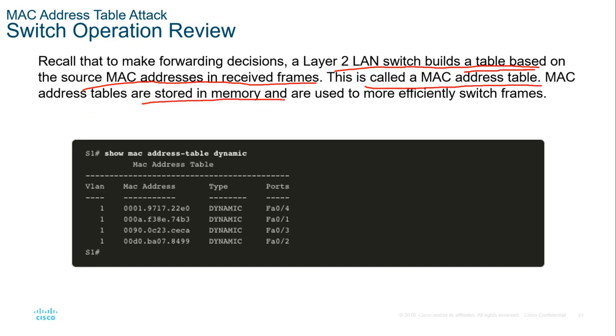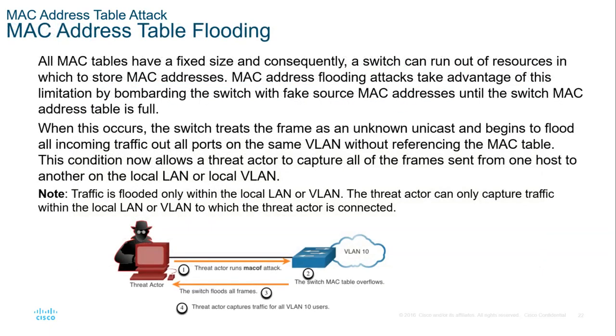The MAC address table is stored in memory and is used to more efficiently switch frames. With MAC address table flooding, all MAC address tables have a fixed size, and consequently a switch can run out of resources in which to store the MAC addresses.